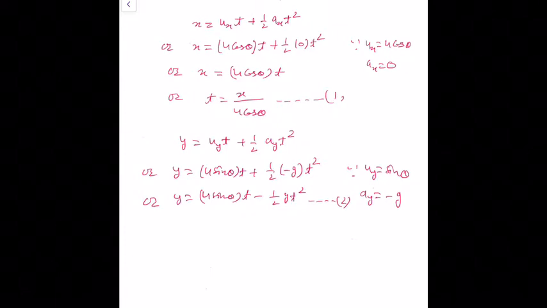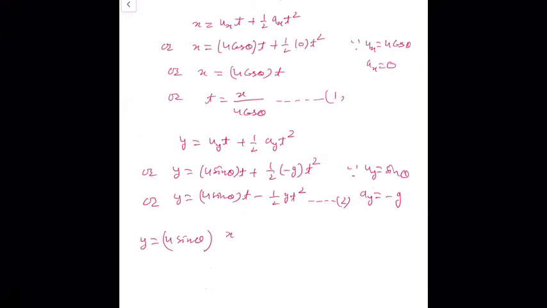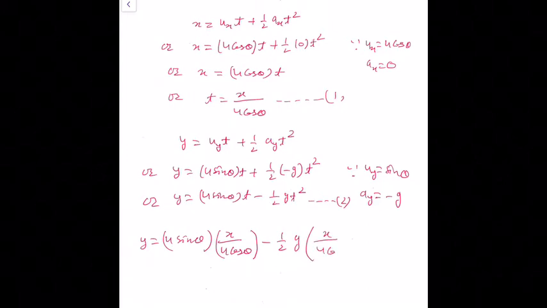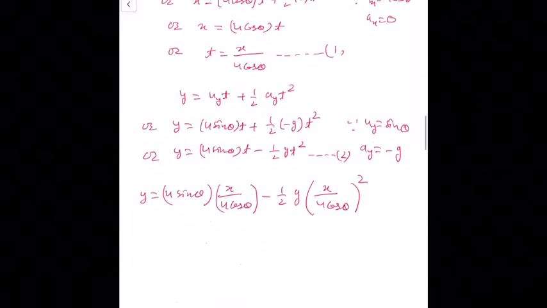Putting the value of t from equation first into equation second, we get y equal to u sin theta into t. So put the value of t from equation first, x upon u cos theta, minus half g into t square, means x upon u cos theta whole square.